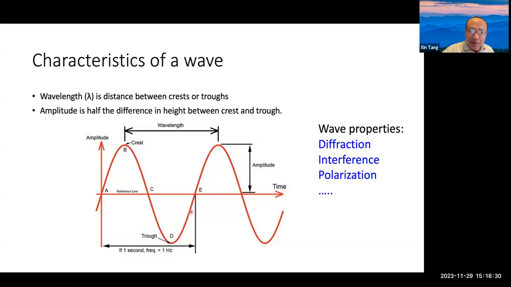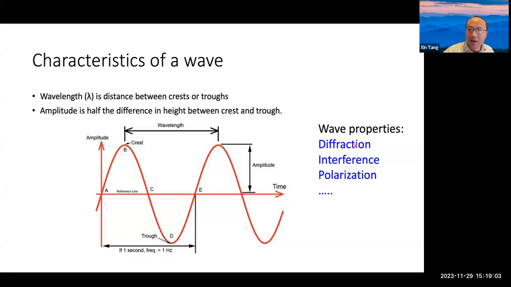And at the beginning of the class, as I said, once we realized the light also behaves like a wave, then we can look at this physical signal from different axes. If the light is behaving like a wave, then it can have the property of diffraction, can have the property of interference, can have the property of polarization.